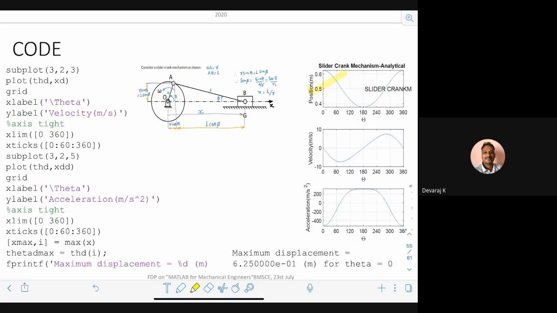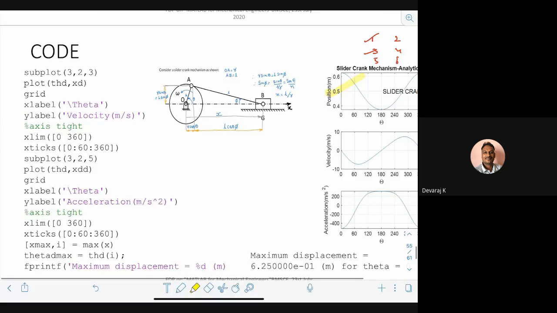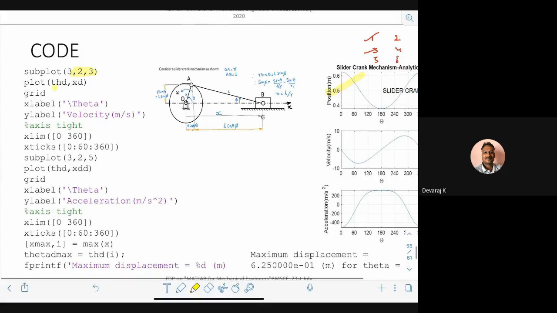So what is the position here? Remember, 3 rows. I told you it will go like this: 1, 2, 3, 4, 5, 6. Therefore, this is for displacement. Now 3 is for velocity. Therefore, you should say subplot 3, 2, 3. Plot your x-axis as the crank position theta.